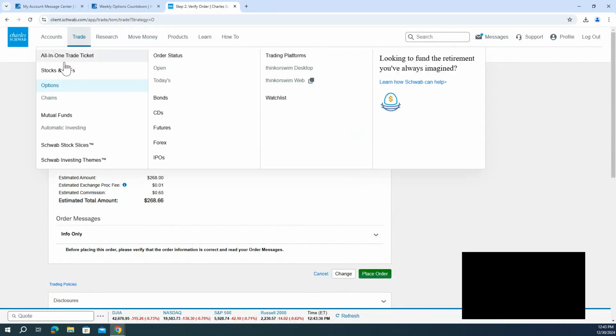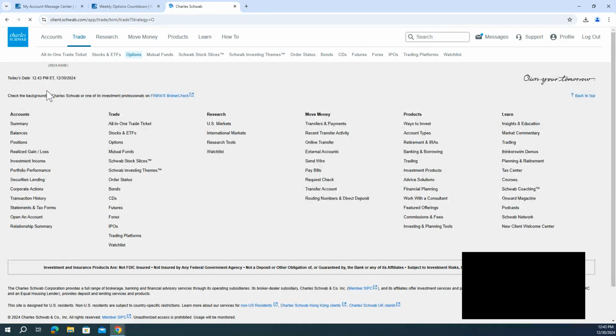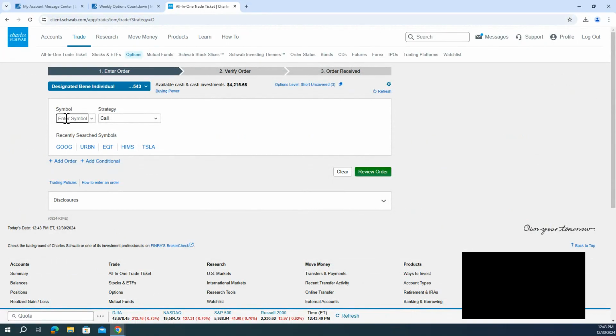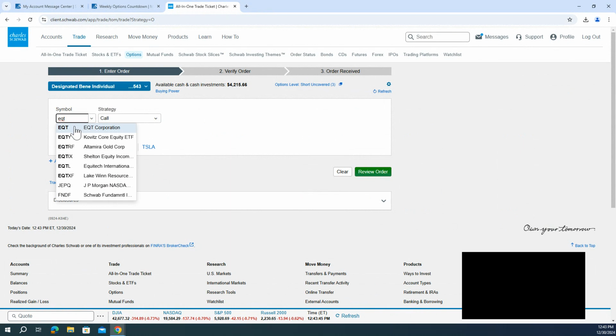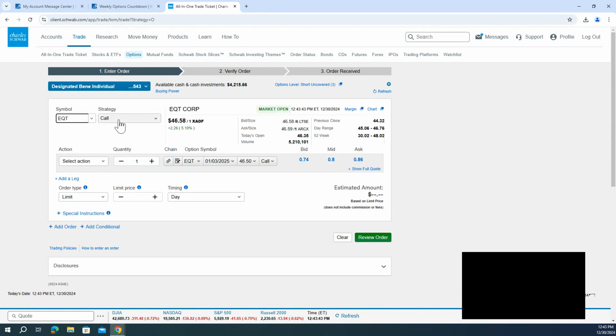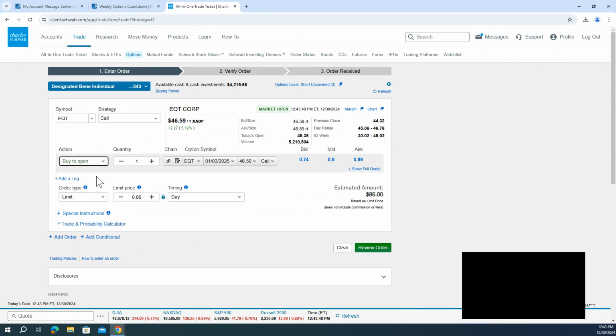Trade, options, and the ticker is EQT. And again, we're buying a call. So we want to select buy to open, one contract for February 21st. And we're buying the 45 strike call.